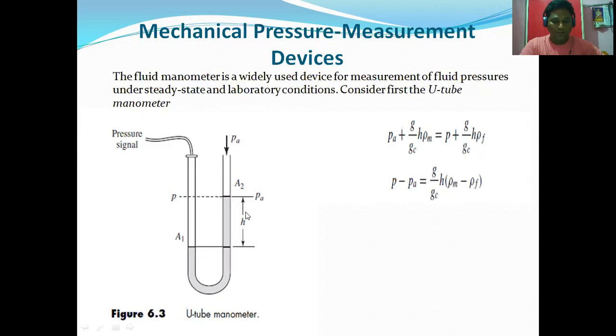The density of the fluid transmitting the pressure P is rho f, and the density of the manometer fluid is designated as rho m.